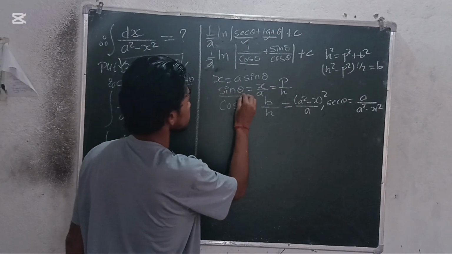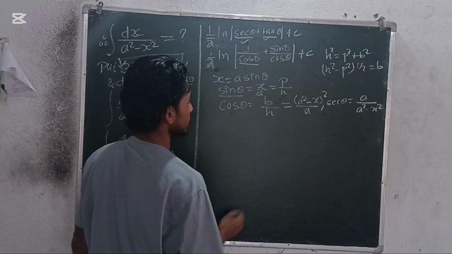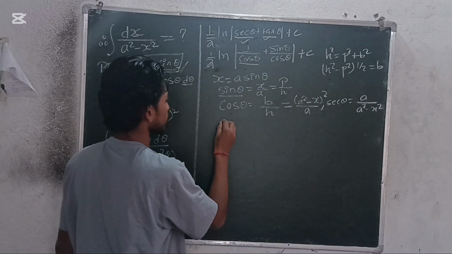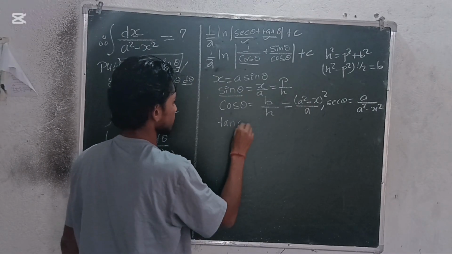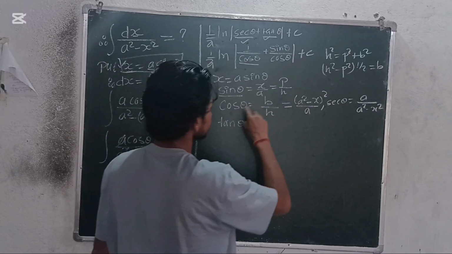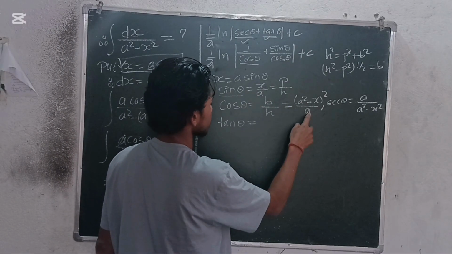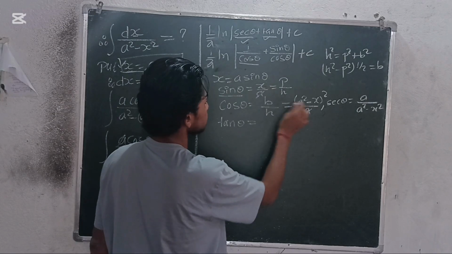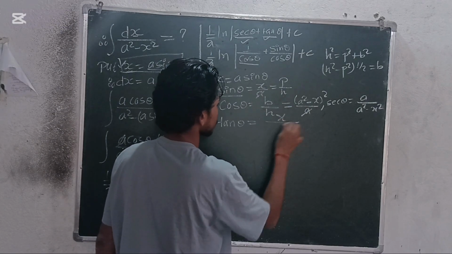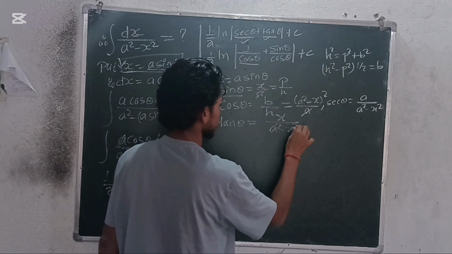So if I divide these two relations, I will end up getting tan theta. So you have x here and a here and a squared minus x squared. So a and a will cancel out and you get x over a squared minus x squared.